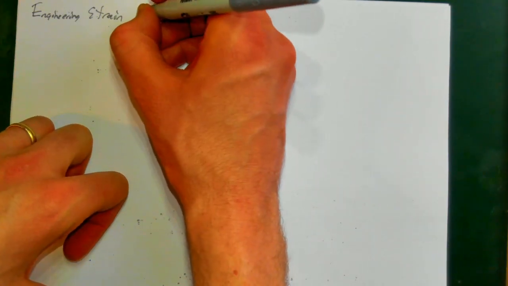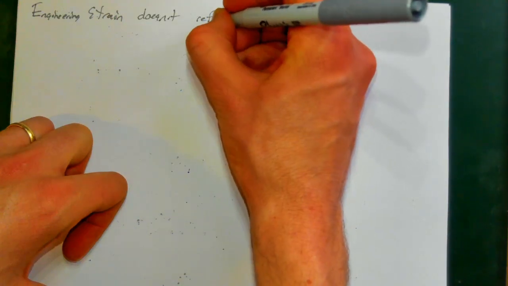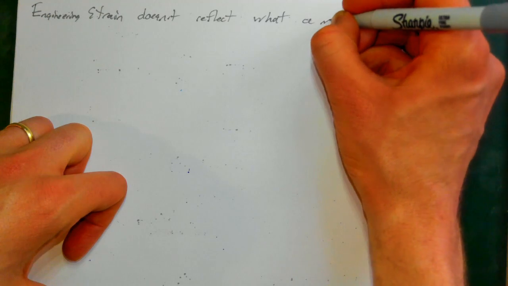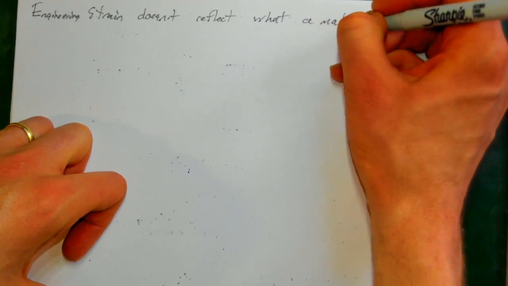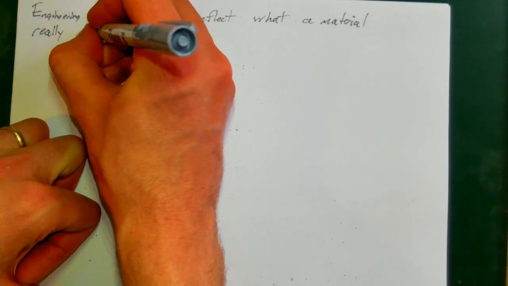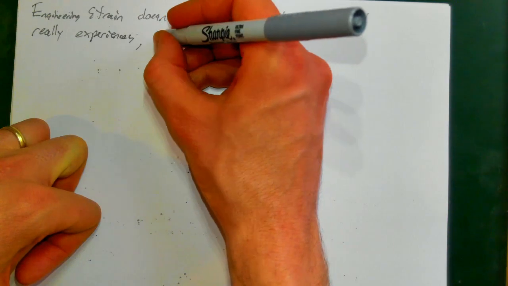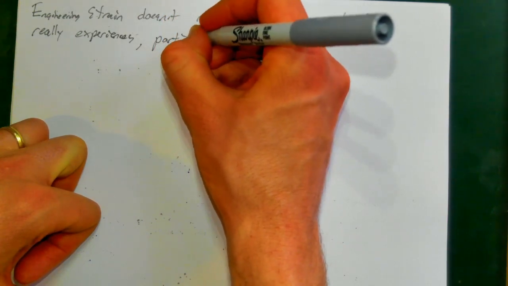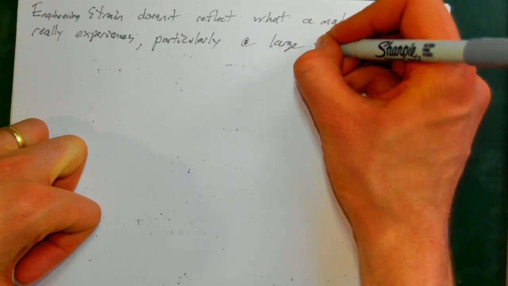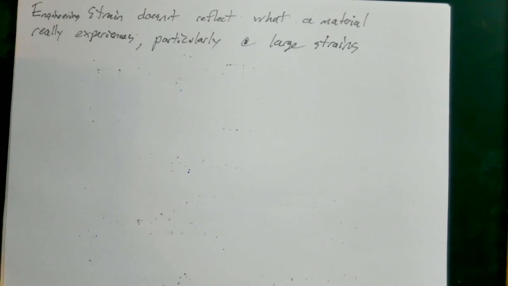I'm going to anthropomorphize the material a little bit, but engineering strain doesn't reflect what a material really experiences, particularly at large strains. And what do I mean by that?